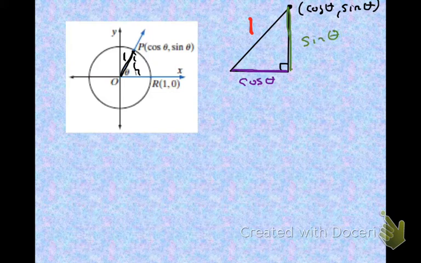Now the neat thing is, if you plug this into the Pythagorean theorem, which says a squared plus b squared equals c squared, we have a, b, and c here.